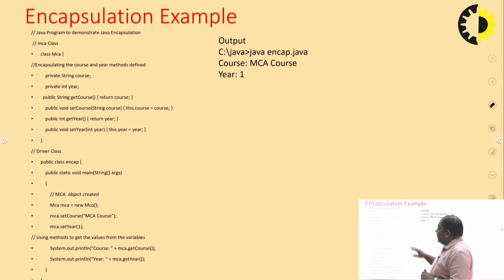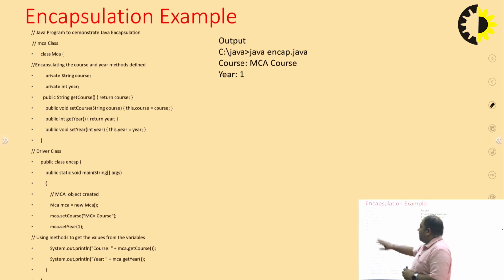So we declare the string and the year as private. Then we create methods using the getter and setter methods. Get and set methods are used just for returning the value, or for defining or representing the value.